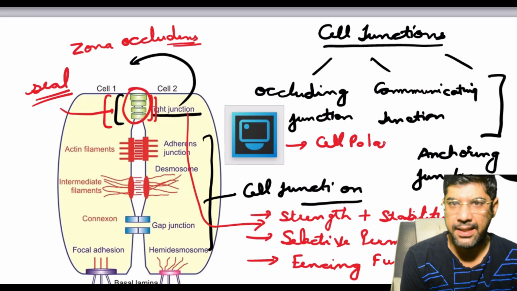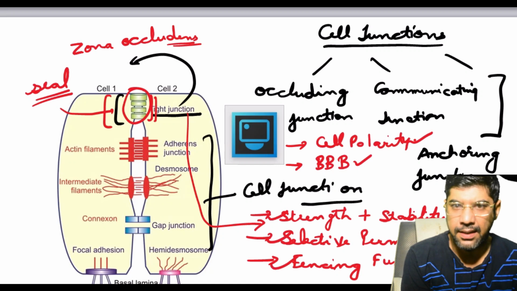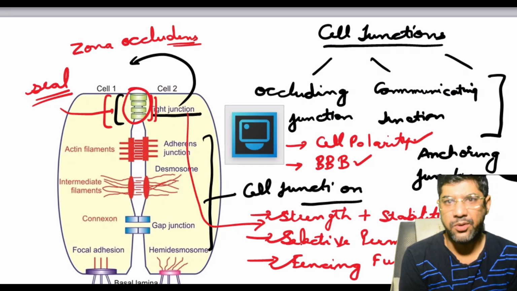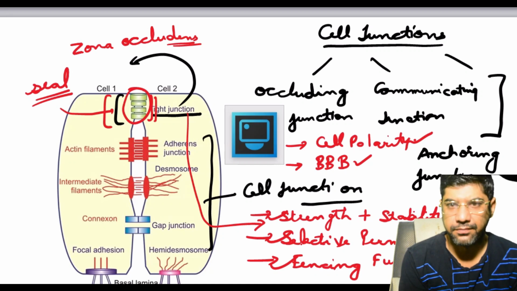One of the main critical roles of tight junction is forming the blood-brain barrier in the brain capillaries. This barrier prevents many substances from entering the brain tissue from the capillary blood. Only lipid-soluble substances like certain drugs and steroid hormones can pass through this barrier. Why do we need such a protective barrier around the brain?